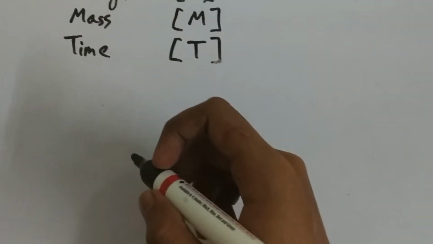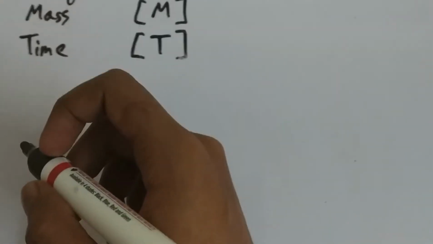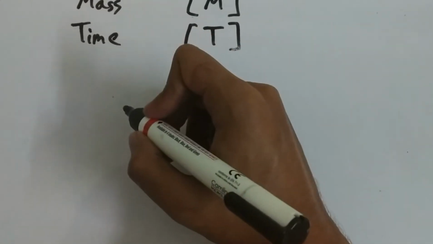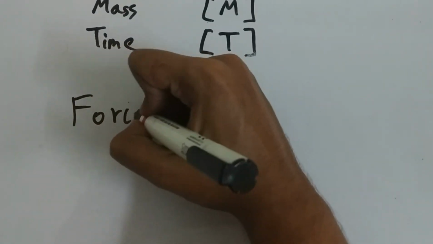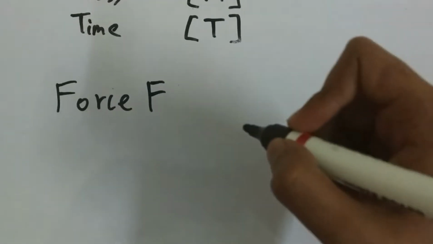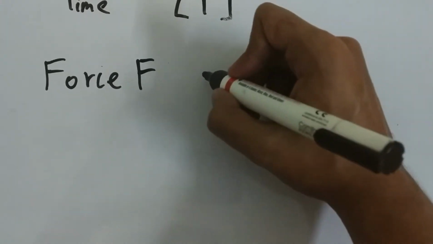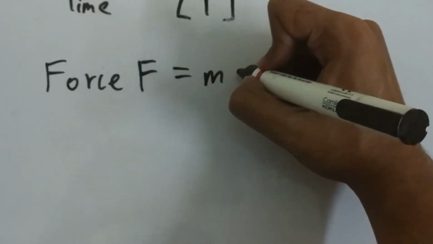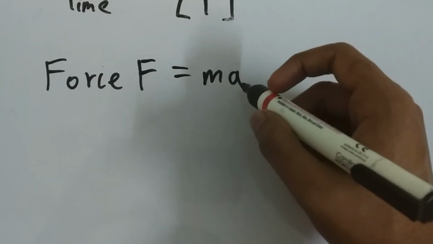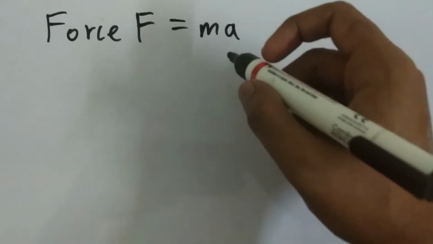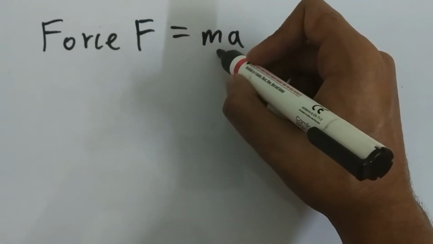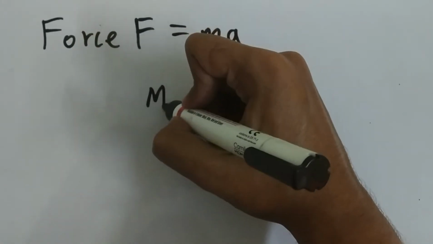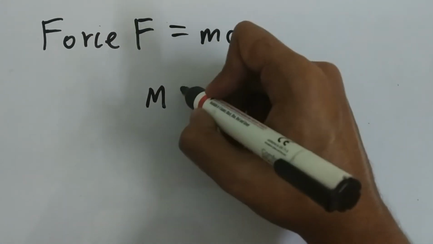Now what's the real use of dimensions? I'll tell you. Suppose you have force F. If you know Newton's formulas, you know F is equal to ma. F is equal to mass into acceleration. Now, what's mass? Mass is M. What's acceleration?